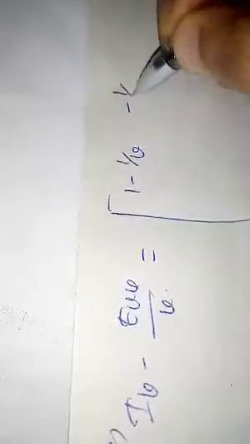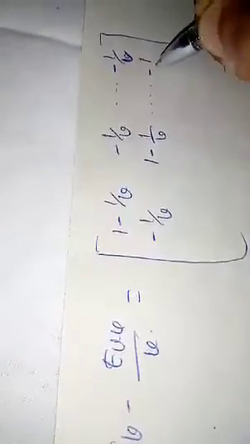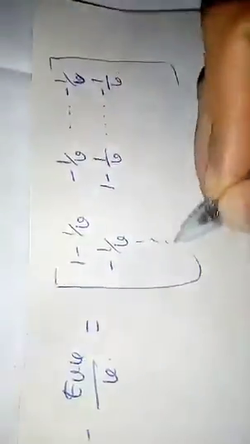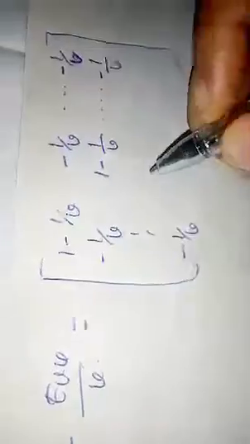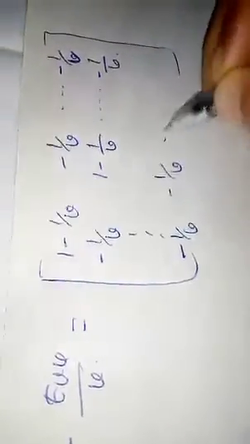Iv minus Evv divided by v equals a matrix whose first diagonal value is 1 minus 1 by v, with the rest of the row minus 1 by v. The second value of the second row is 1 minus 1 by v, with the others minus 1 by v, and so on.